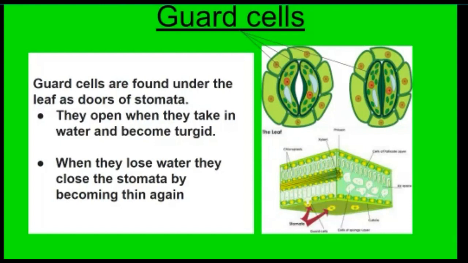When the leaf absorbs water, guard cells become swollen and turgid, and they open. And when they lose water, the stomata closes and the guard cells become thin so they can close easily. They are also responsible for exchange of gases, carbon dioxide and oxygen.